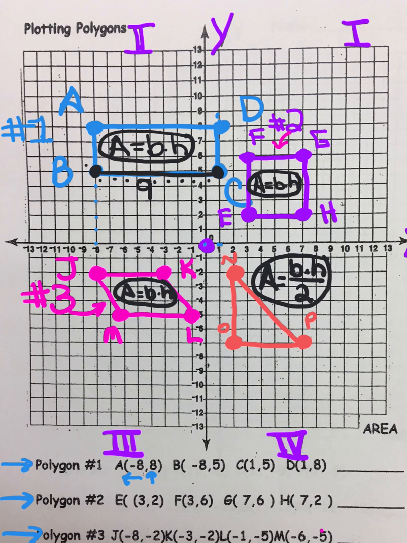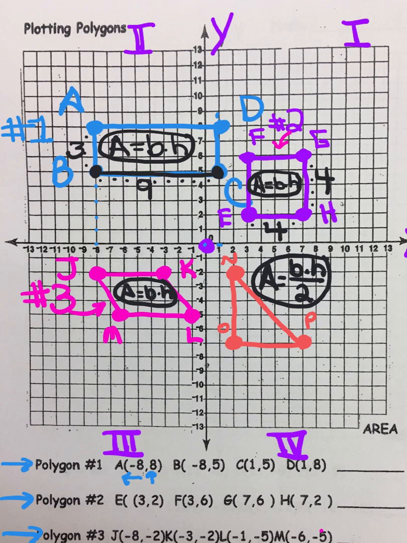And then we count the height, which is 3 units long. On the square, we're going to count along the base. That's 4 units long. And of course, up the side, that's also 4. Please make sure you're labeling your diagrams along with me.